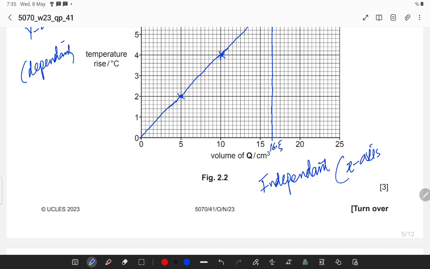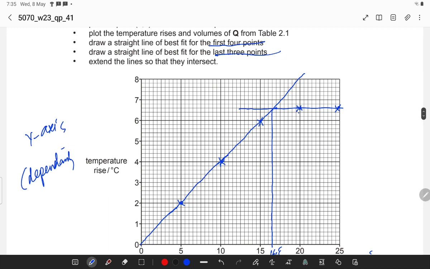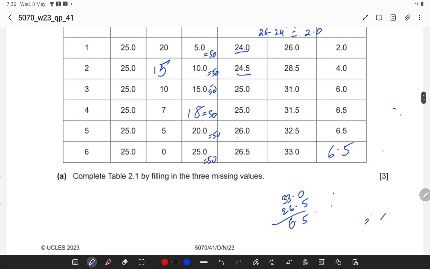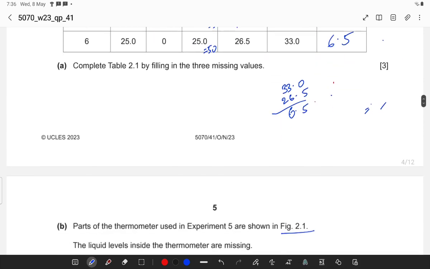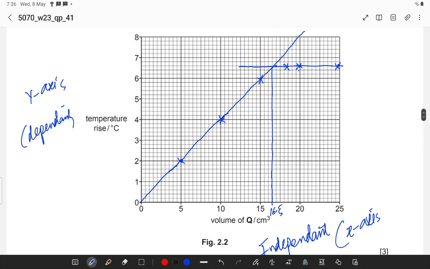So from 15 to 25, this is 16, this is 17, and this is 18. At 20 degrees centigrade is 6.5.